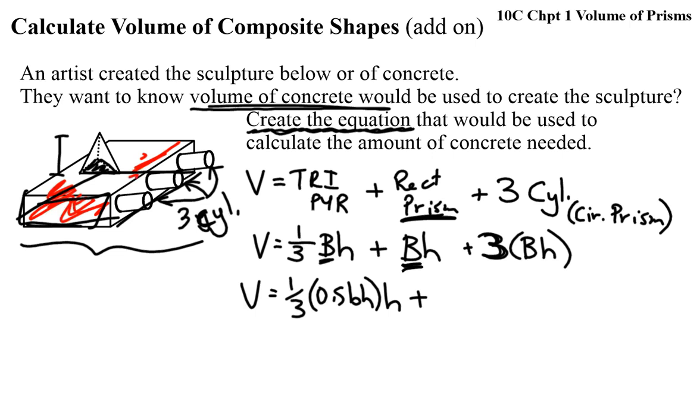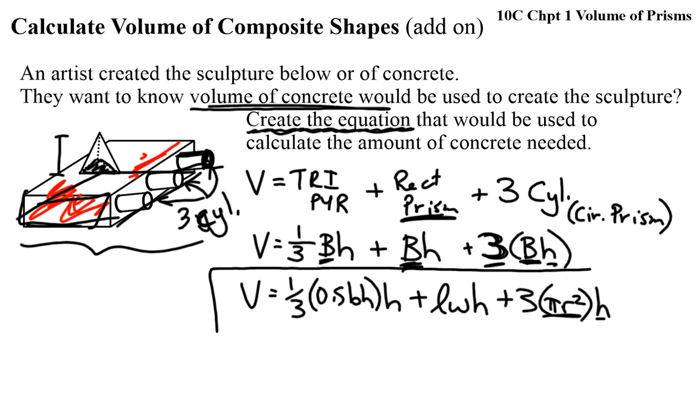So rectangle, base, and the height of it. And then we have 3 circular prisms. What kind of base do we have? Circles. Pi r squared times the height of it. So 3 circles times the height. There's the formula that could be used to calculate the volume of that sculpture.